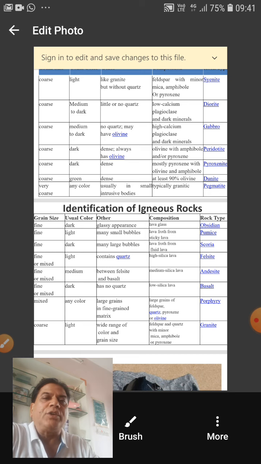In addition, if you see other features, like phenocrysts, you can mention that the rock has crystallized at two sites of crystallization, one at which large crystals called phenocrysts developed. Later on these phenocrysts along with the liquid were uplifted and the remaining liquid crystallized as relatively finer. So in such a style you have to write the genesis of the rock.